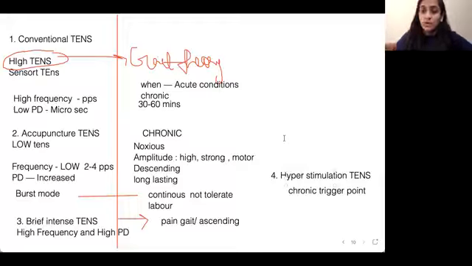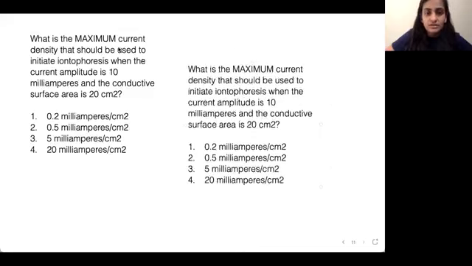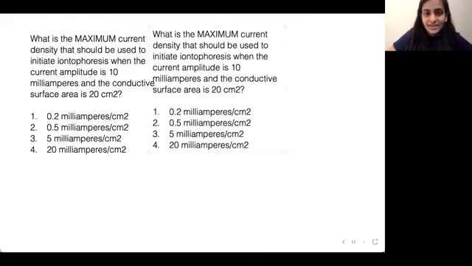Okay, let's do some questions on this. TENS, 1 minute. Let's first do this question. This is a little tricky question, but I like it. Oh, wait, why is it doing 1 minute? Not this one. Trying to copy it. Why? Oh, sorry.